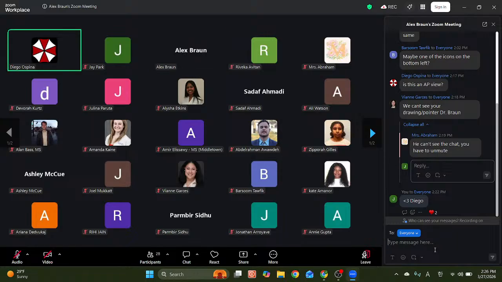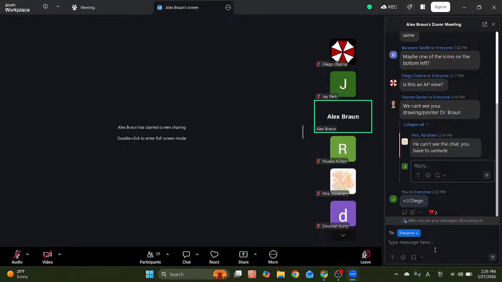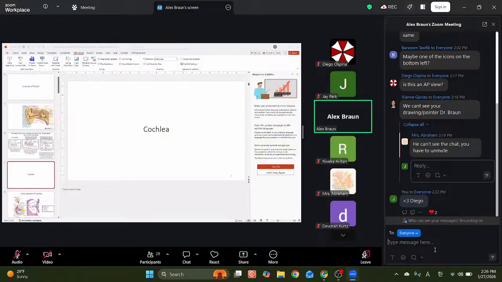So there you can select share, and there will be options such as share your whole screen or share only one window, which might say PowerPoint. Well, let's try this. There we go. What do you see? Do you see my arrow by any chance?